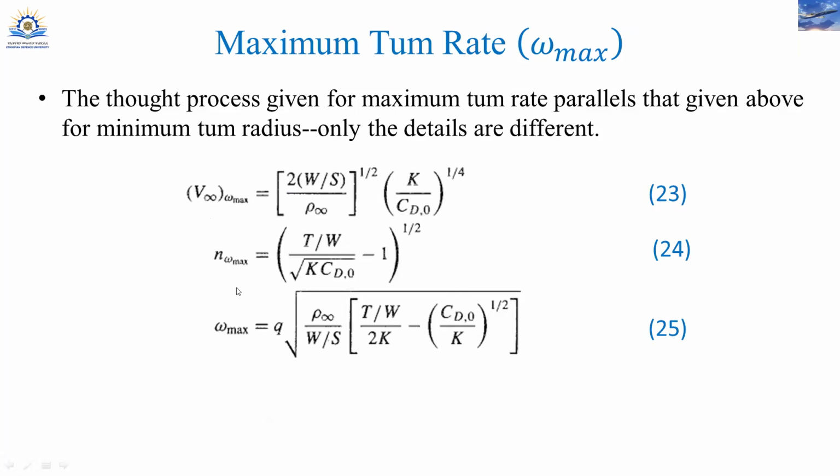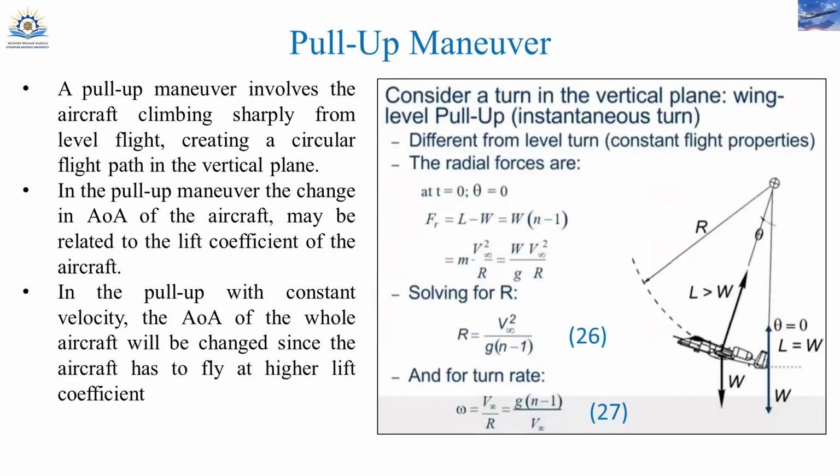The omega max equation is Q, half rho V squared, times the square root of rho over wing loading, the whole times T over W divided by 2K minus CD naught over K to the power 1 over 2. Only CD naught over K is under the radical. So these are the important equations.